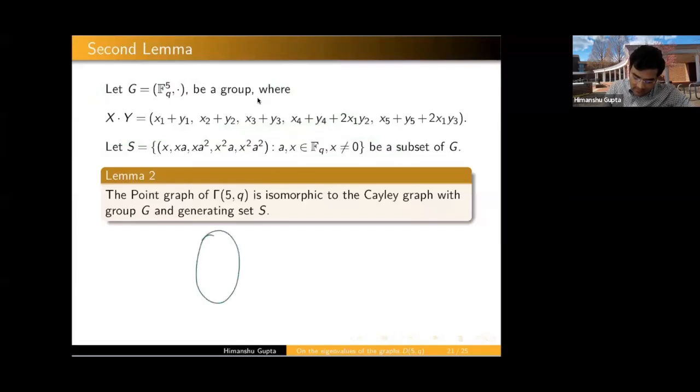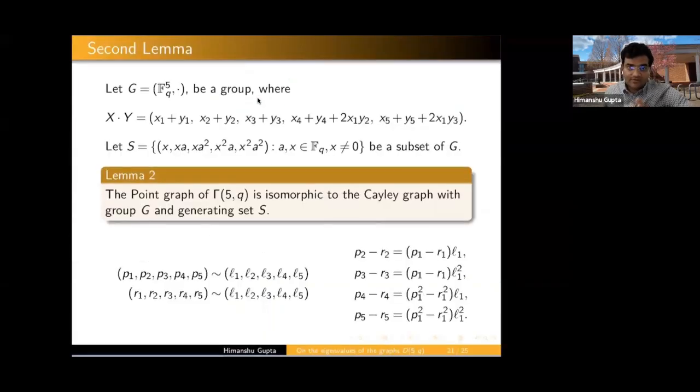Again, remember Gamma_5(q) is a bipartite graph where one part is referred to as points and the other as lines, and I'm just talking about the point graph. That means two points are adjacent if they are collinear. I'm saying this point graph is isomorphic to a Cayley graph whose group is this and generating set is this.